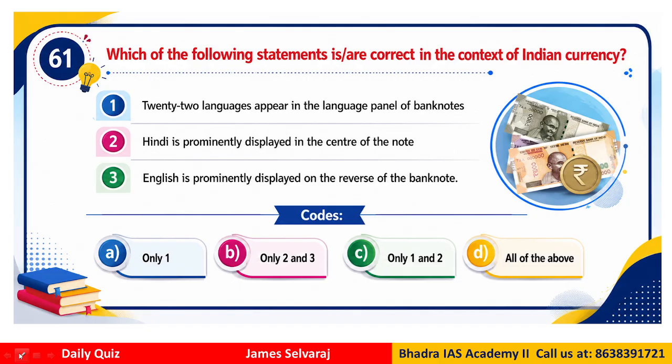English is prominently displayed on the reverse of the banknote. So the question is regarding Hindi and English and the total languages, whether it is 22. These are the three key points that we have to keep in mind. So the codes are only 1, only 2 and 3, 1 and 2, all of the above.